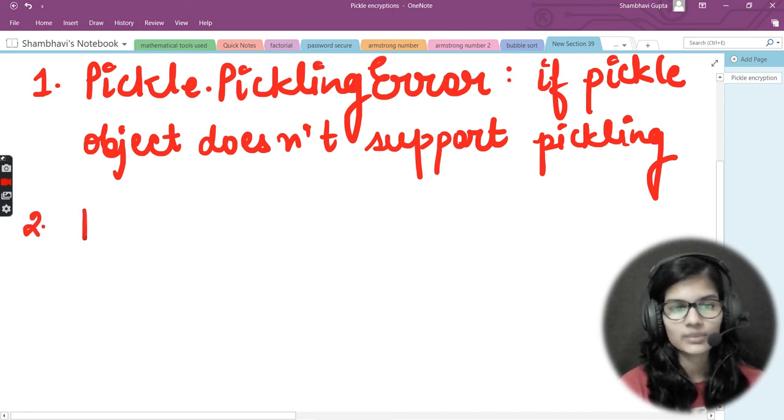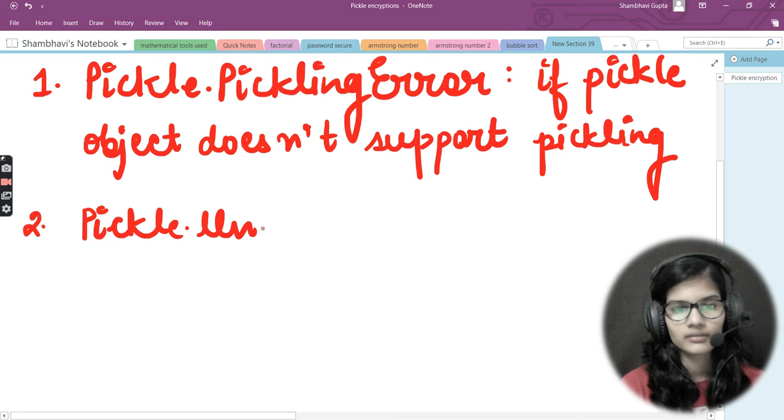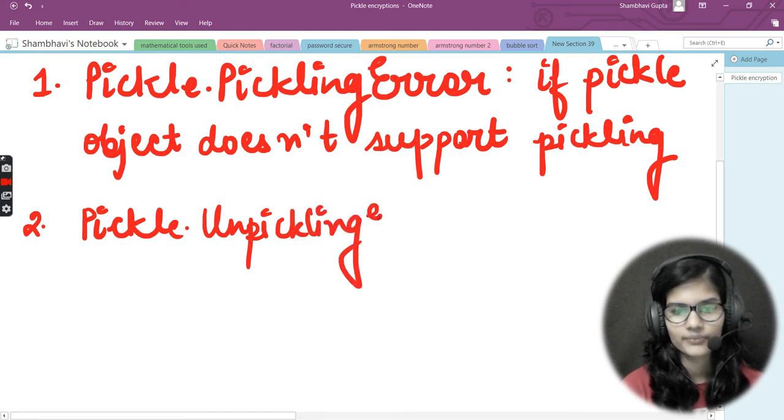The second exception I will be talking about is pickle.UnpicklingError. Let me write out the correct spelling first of all. Pickle.UnpicklingError.